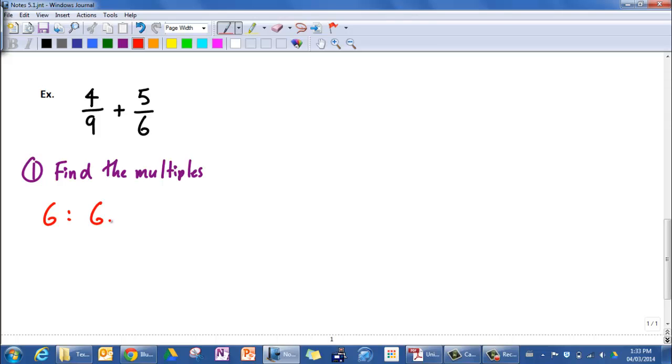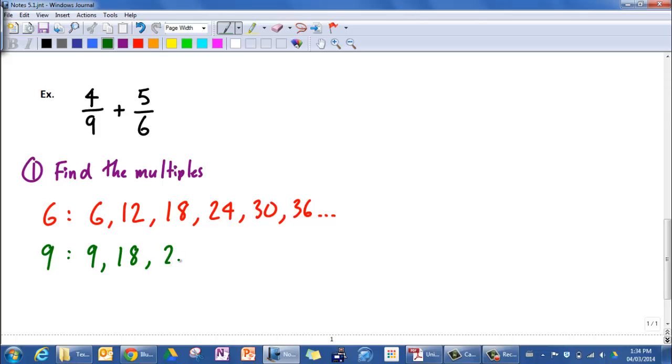We've got 6, 12, 18, 24, 30, 36, and it goes on from there, but I'm just going to stop there for now. For 9, we have 9, and 18, and 27, and 36, and 45, and then it goes on from there.